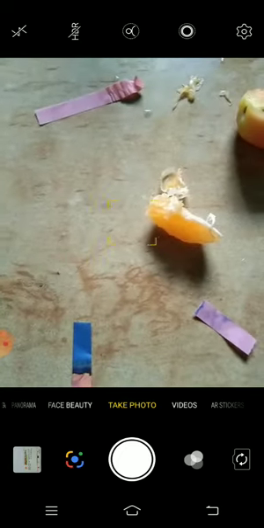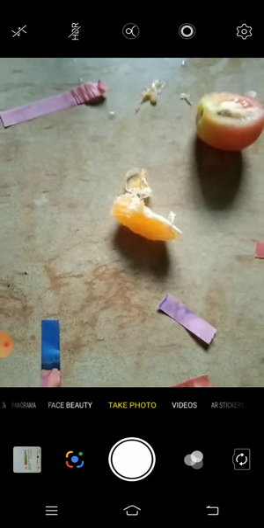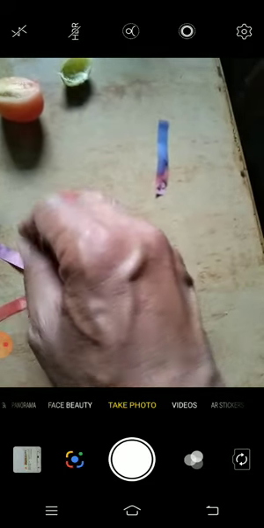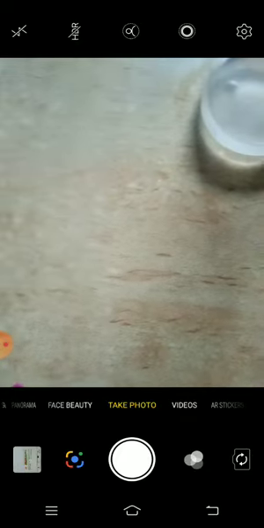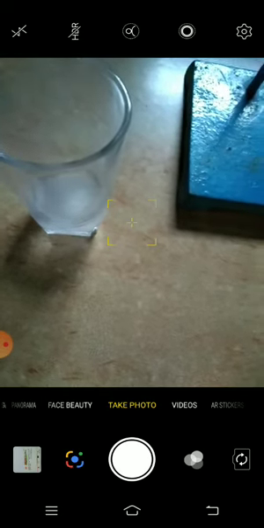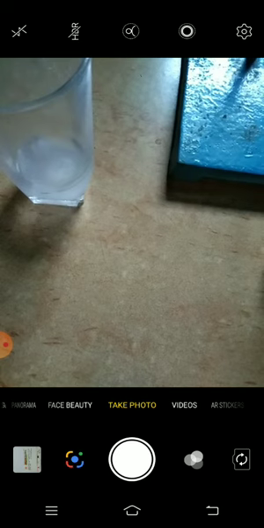This is the red litmus paper which changed into blue color when I dipped it in basic solution. This is the blue litmus paper which changed into red when I put it into the acidic solution. So this is about the change of color of litmus paper and pH paper.